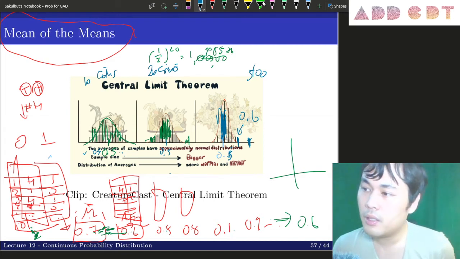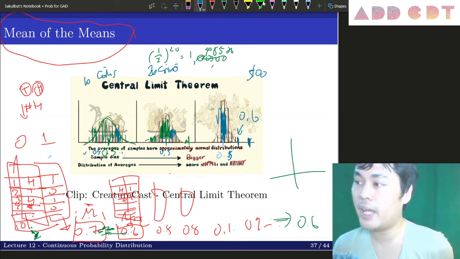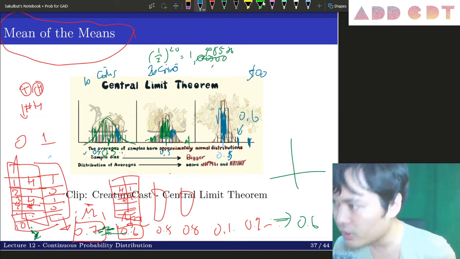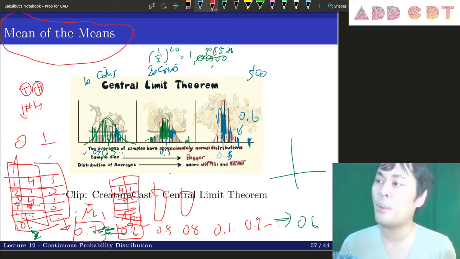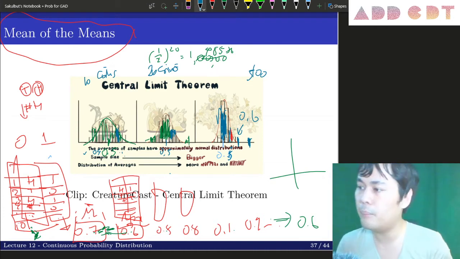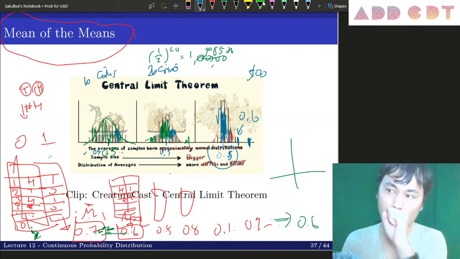It is common to get 0.6 in the earlier cases. But as you increase the sample size, it's getting rarer and rarer to get 0.6. All the values are going to be very close to 0.5.